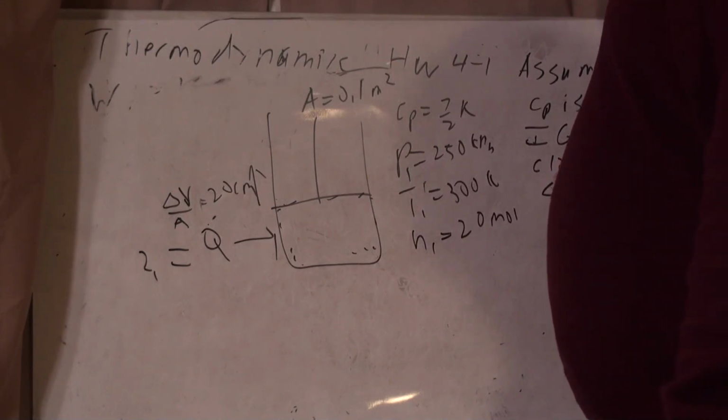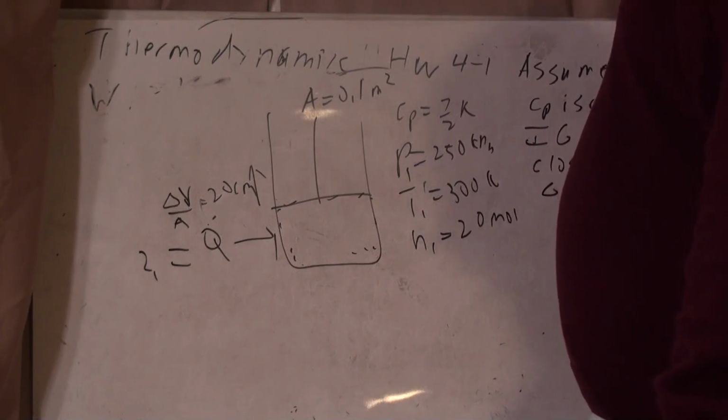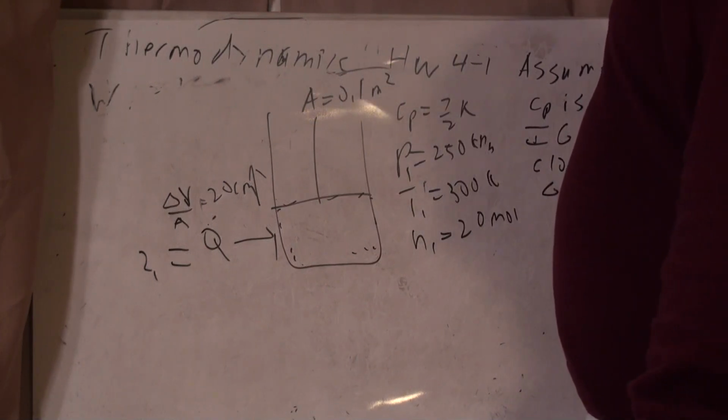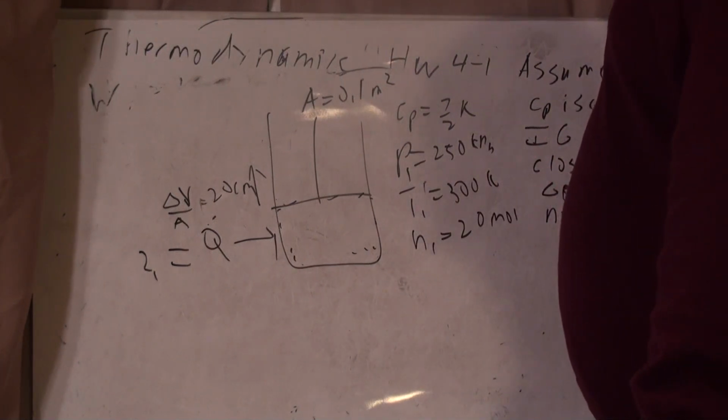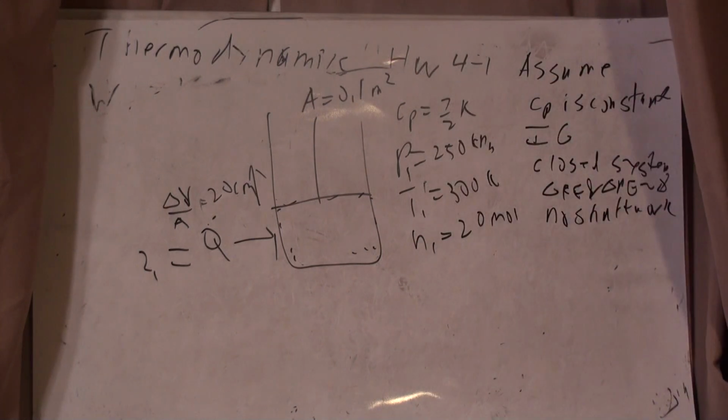I'm going to assume delta KE and delta PE are approximately 0, and no shaft work. There's definitely boundary work, and there might be other forms of work, but probably not. There's definitely heat transfer, because it's not adiabatic. I think for now those are some good assumptions. Something else may come up.